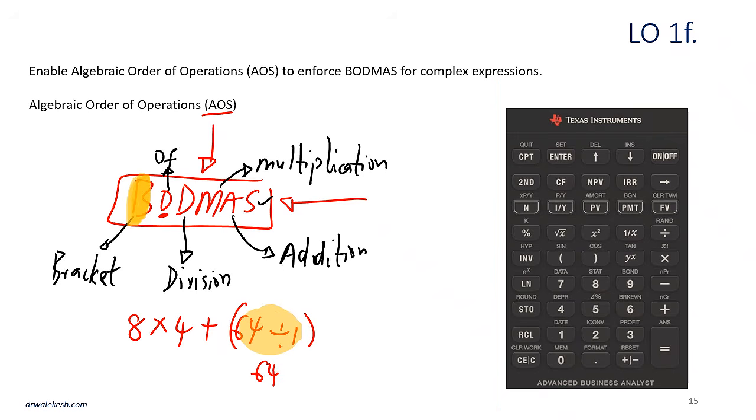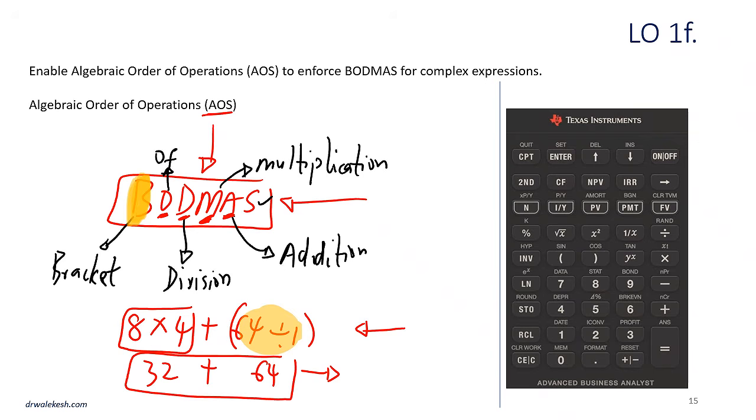The second operation is off. We do not have off in this question. The third is division. The division has been settled already. The fourth is multiplication, so we need to solve for this. 8 times 4 is 32. After multiplication, we have addition, so we can now solve for the whole of this. Solving for this would be 96.